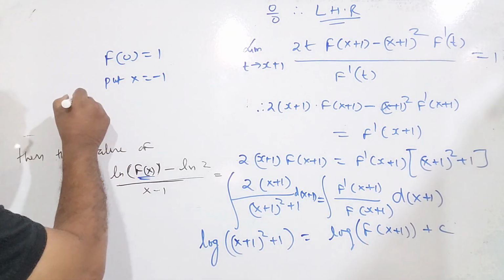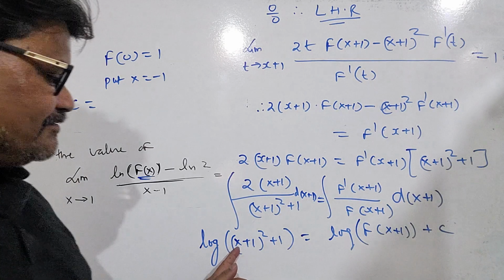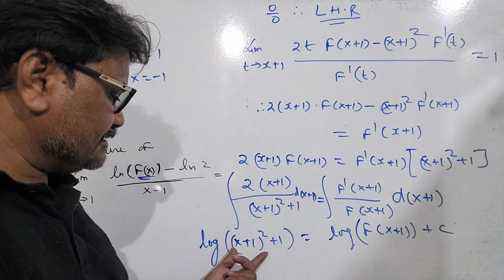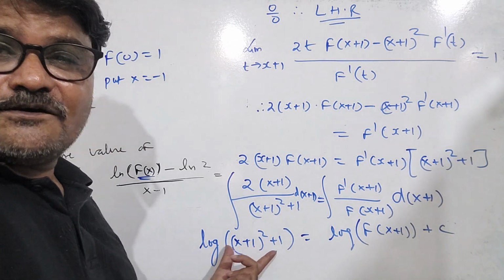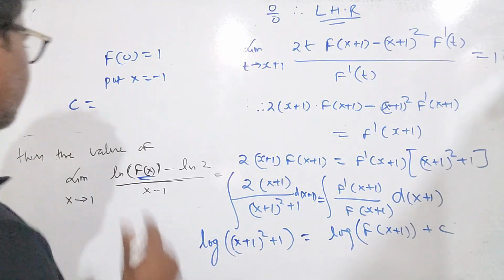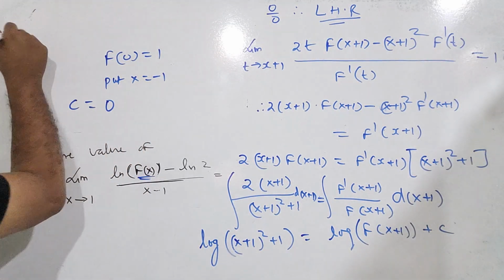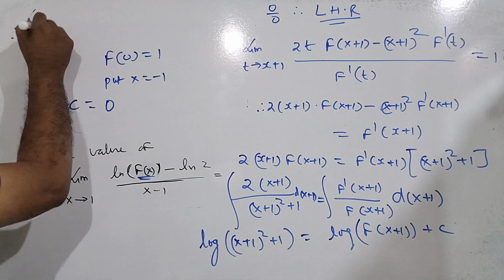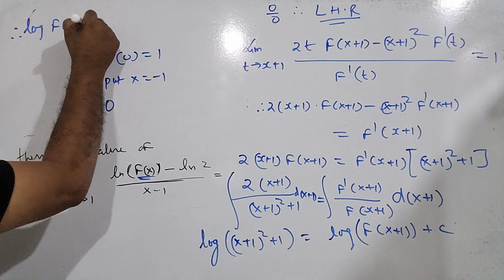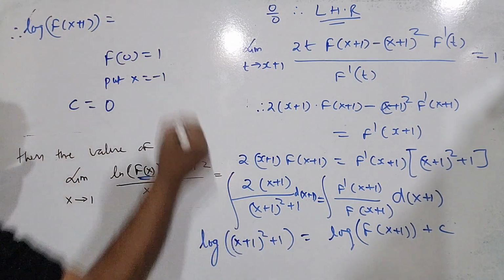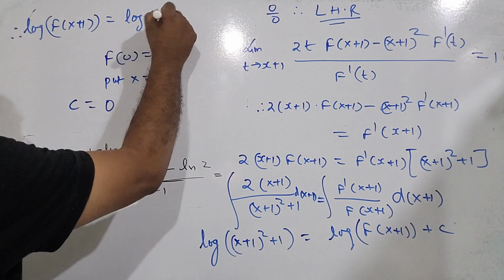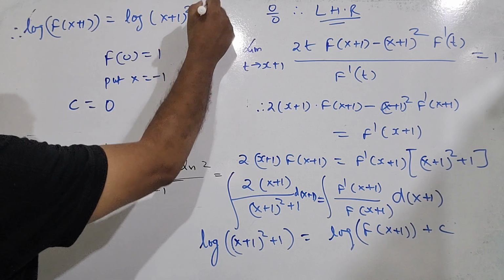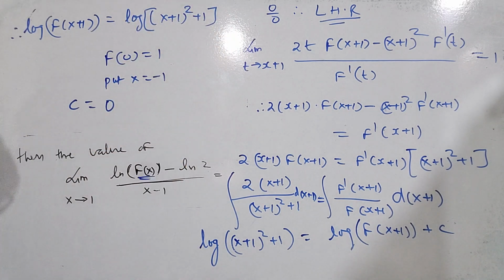So c equal to, here x equal to minus 1, this is 0 plus 1, that is 1. Log of 1 is again 0, so therefore c equal to 0. Finally you are getting log of f(x+1) equal to log of (x+1) whole squared plus 1. Correct?